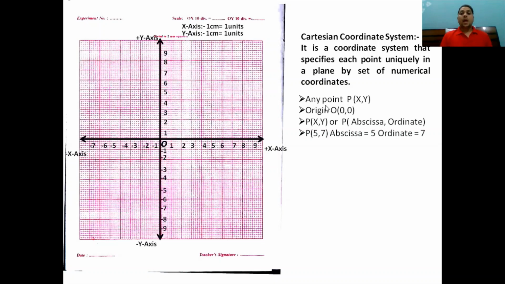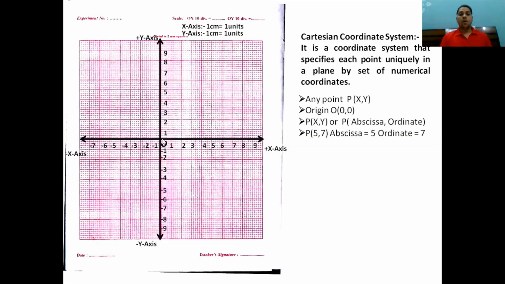Now any point P(x, y) on this Cartesian plane, we have to specify. P is any point here, and x and y are the coordinates of point P. Similarly, we have the origin O, the point where these two lines intersect each other. It has coordinates (0, 0).